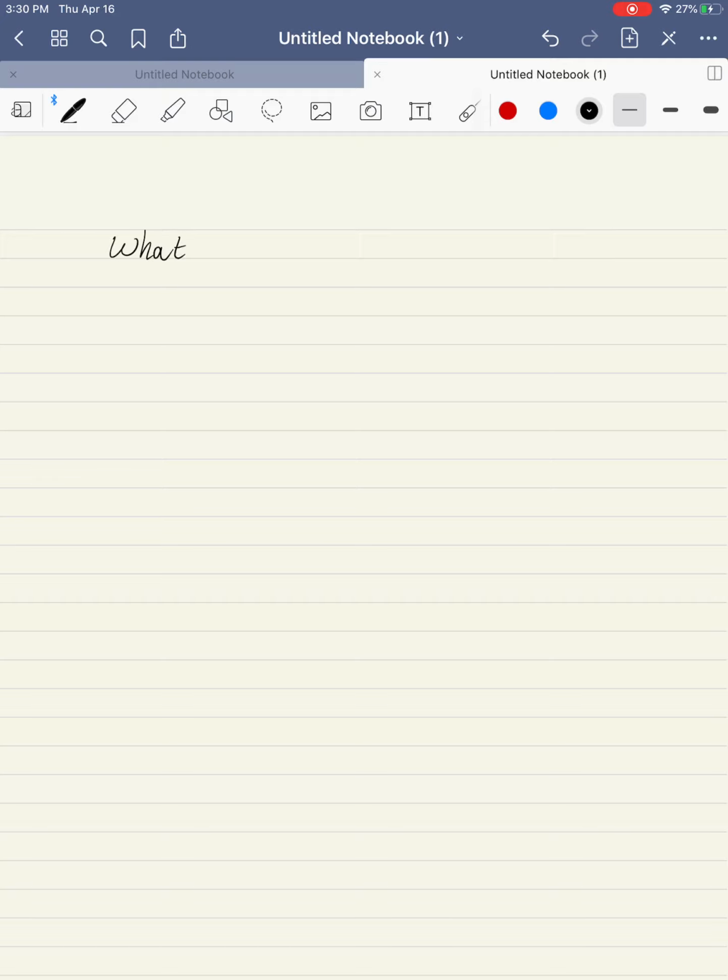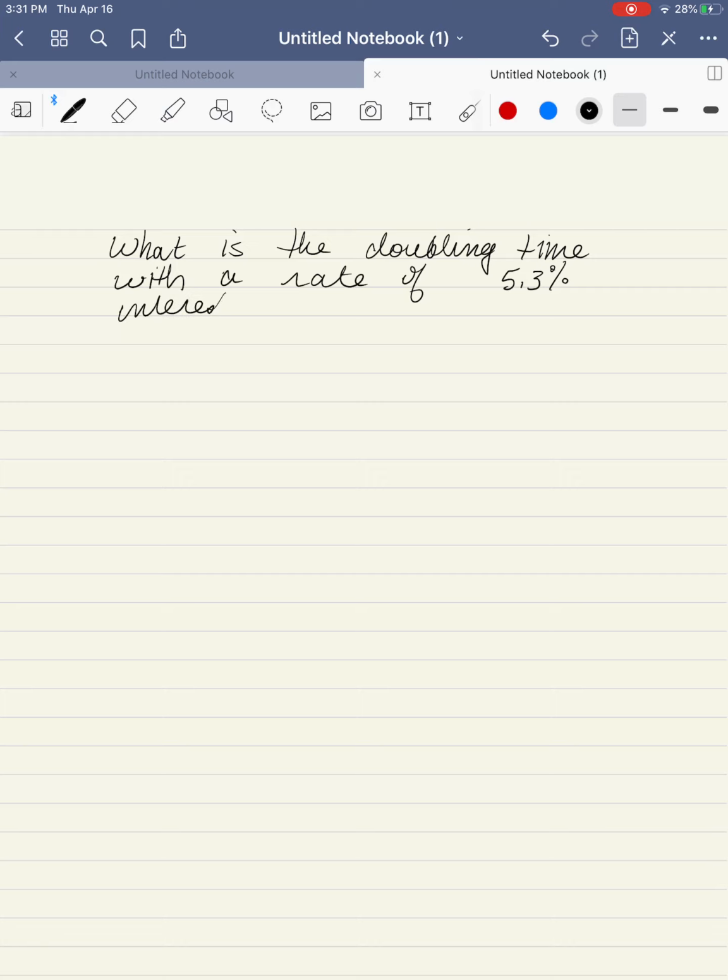So I can do this even if I don't know an ending amount or a beginning amount. So if I said, what is the doubling time with a rate of 5.3% interest?